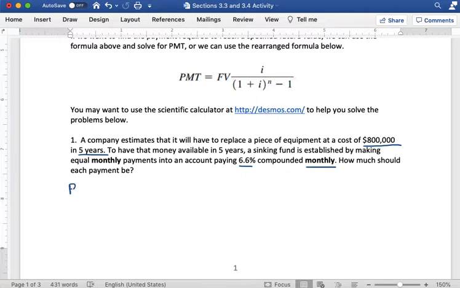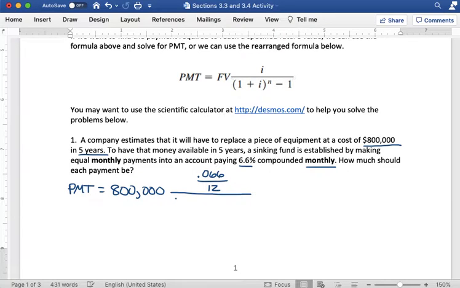So we're going to use the bottom formula here that's going to give us the payment needed for a specified future value. So we're going to plug in $800,000 for that future value. And then we have this fraction here. My I is going to be 6.6% compounded monthly. So that's going to be 0.066 over 12.